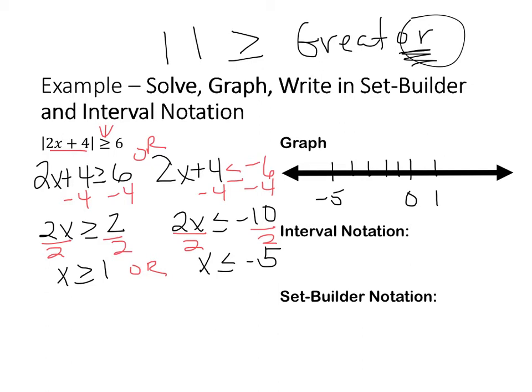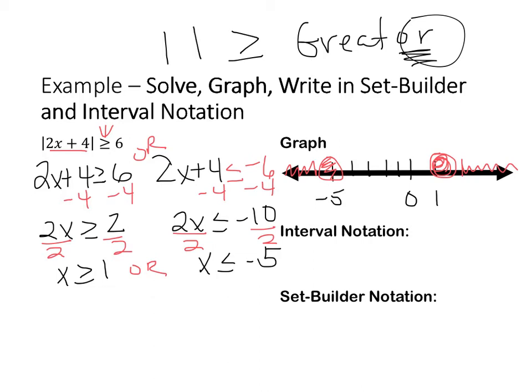Anything that is shaded for either answer counts. So for x is greater than or equal to 1, I have a solid dot at 1 and I'm shaded to the right. For the second inequality, solid dot at -5 and shaded to the left. Everything that is shaded on either solution has to be shaded on your final answer.